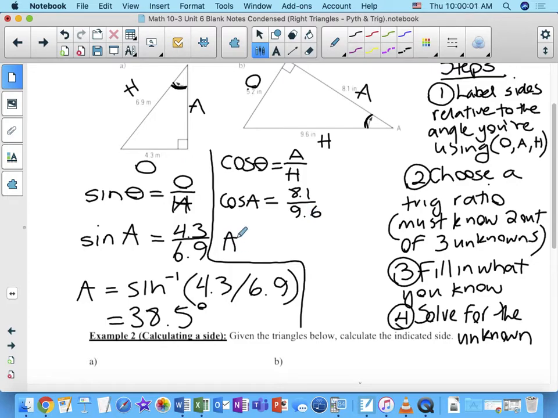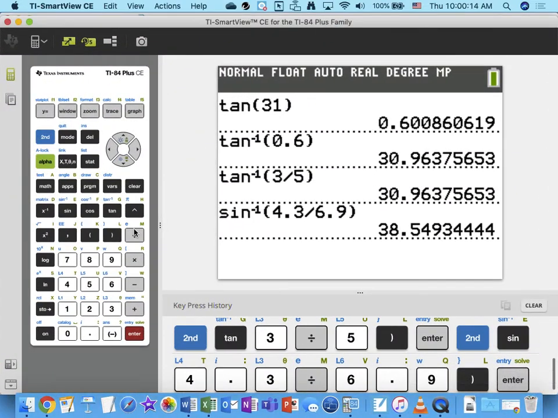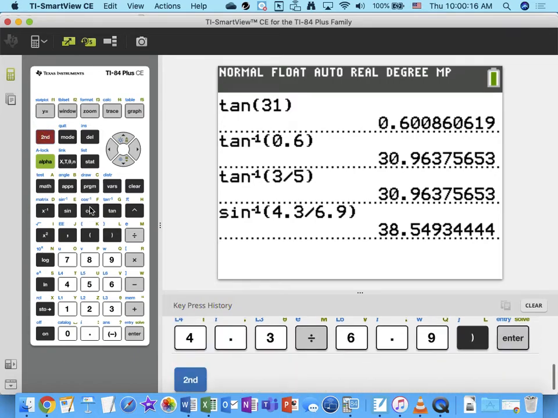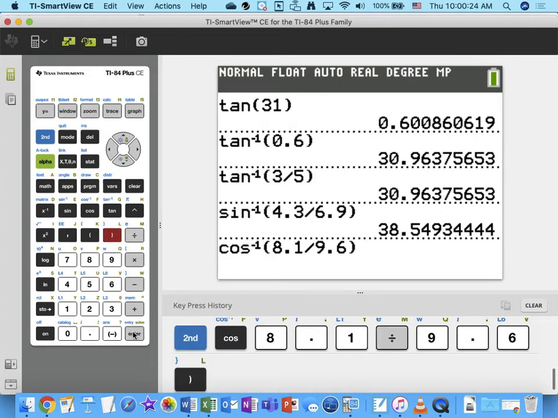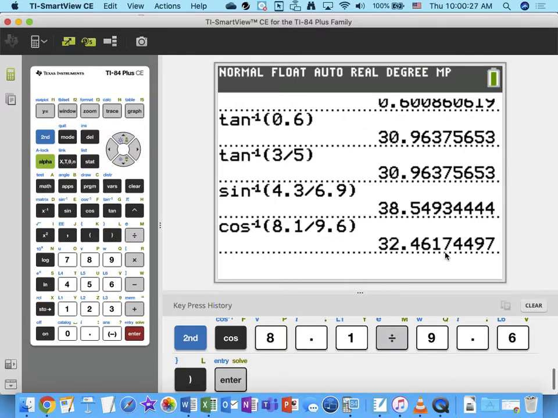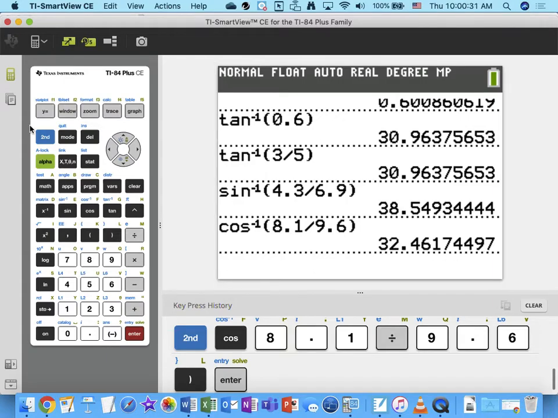So the angle is going to be the cosine inverse of 8.1 divided by 9.6. And that is, I don't know, 32.4. Inverse cosine 8.1 divided by 9.6. And we got 32.5, I would say, because this is a 6, so if we're rounding to the nearest tenth, 32.5.